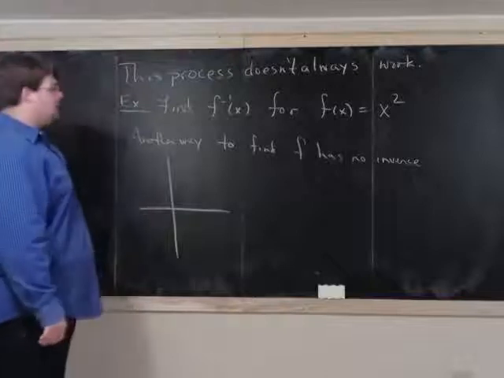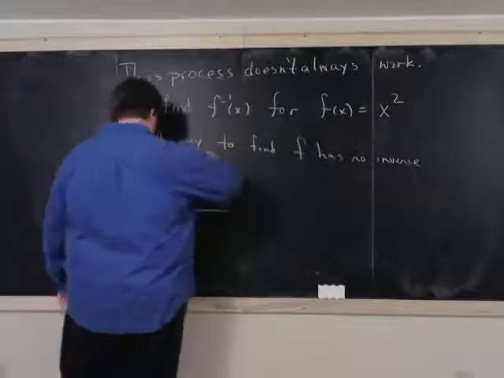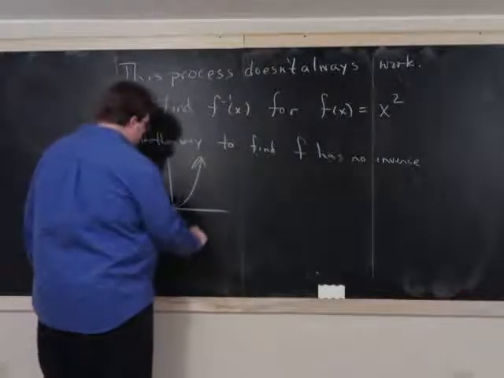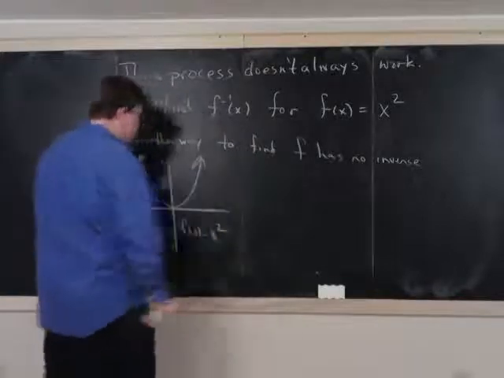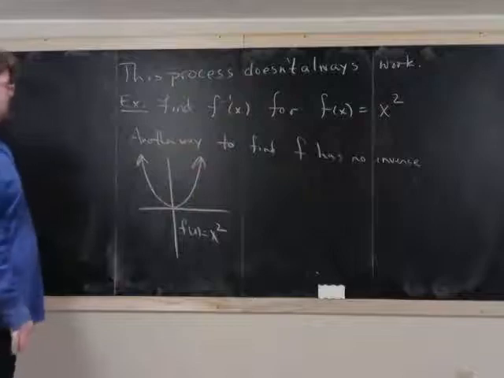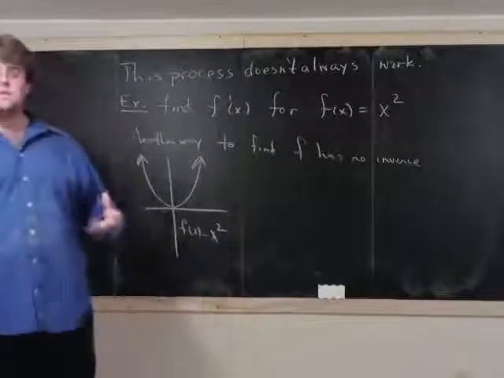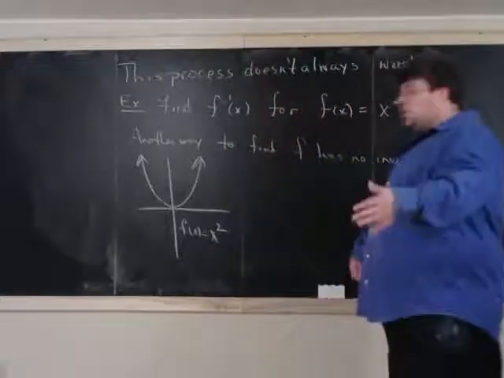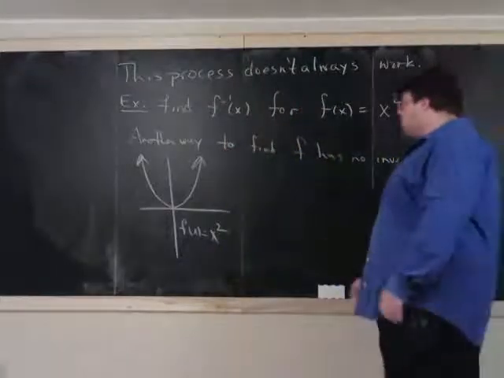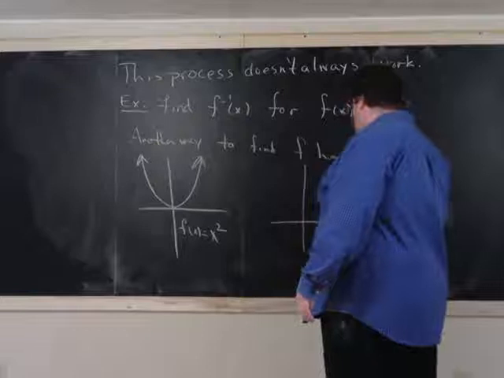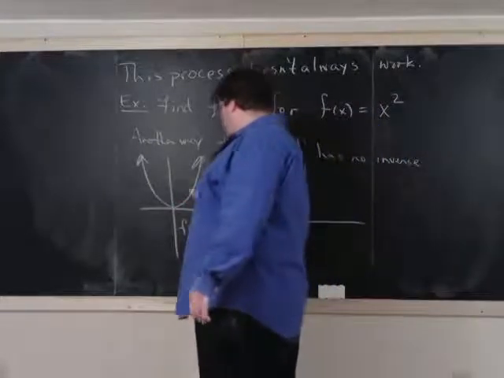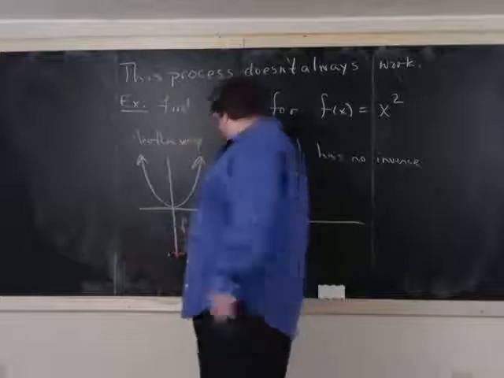Well, we know what f of x looks like. Here's f of x. And I'm going to draw the inverse on a different graph. With those lines, it was convenient to draw them on the same graph because it resulted in a visual observation. Here, I'm going to draw f inverse on another graph. Well, how do we find f inverse using a graph?